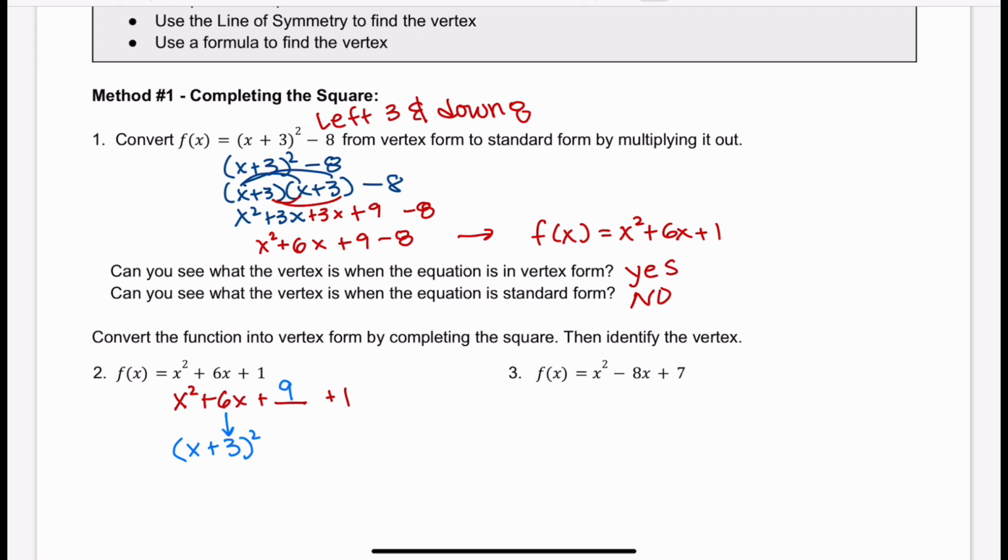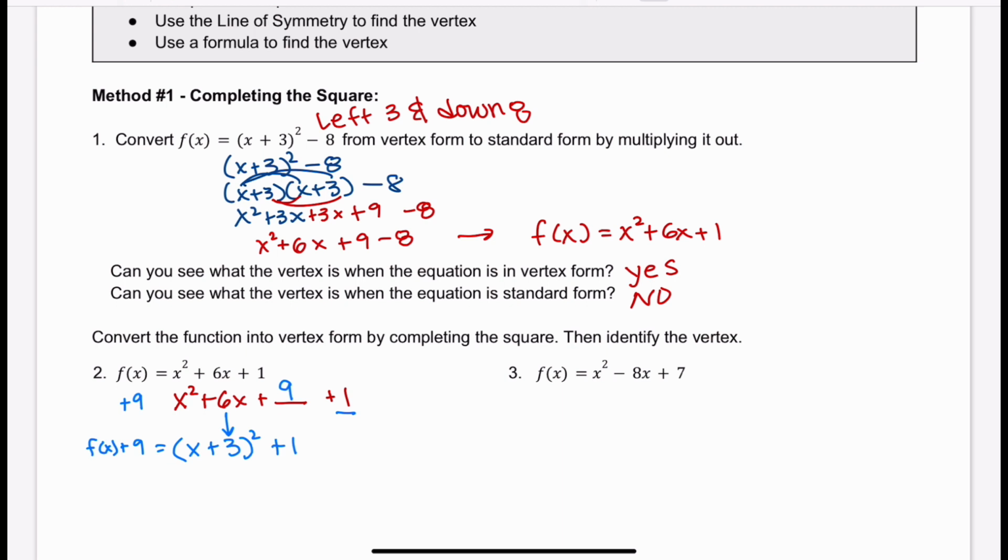Now, when I multiply out x plus 3 times x plus 3, I need to have a 9 here. Okay, now I can't just add 9 to one side of the equation. I have to add 9 to the other side to make this work. So I'm going to have f of x plus 9 on this side. And then I have my plus 1 left, okay? Now I want to get this in vertex form.